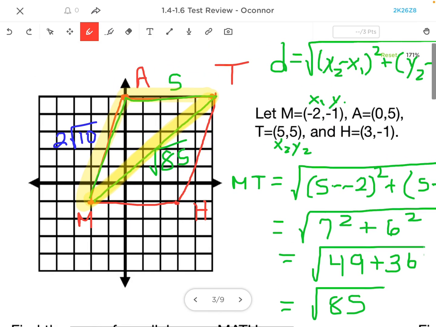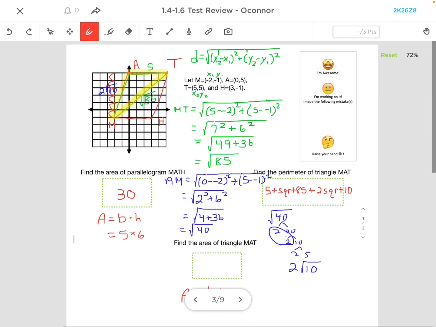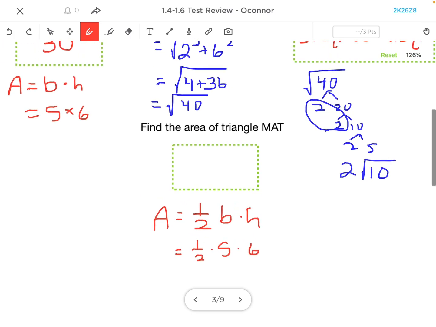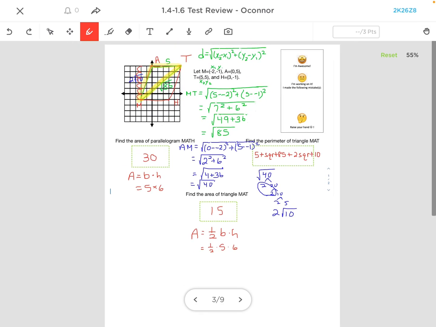And the height is how far this guy is away from the base, meaning I'm going to count the boxes straight up. So my base is 5, and my height is 1, 2, 3, 4, 5, 6. So to find my area, it's going to be 1/2 times 5 times 6. So 5 times 6 is 30, and half of 30 is 15. So a lot to that slide.